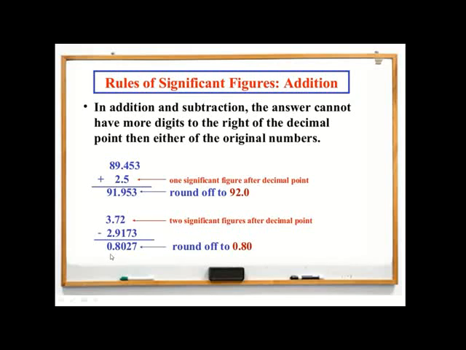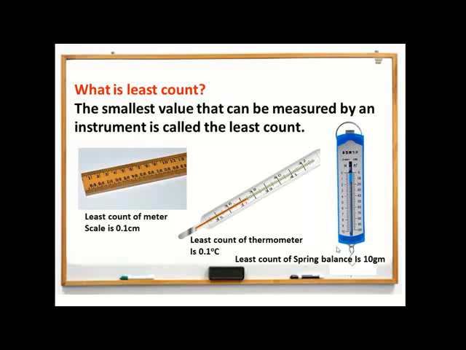When we subtract, we get 0.8027. This has to be rounded to two places after the decimal point. The dropped digit is 2, which is less than 5, so it is dropped directly without adding to the next number, so that you will get the answer 0.80. This is about some rules. Similarly, we have to follow them for multiplication as well as division.